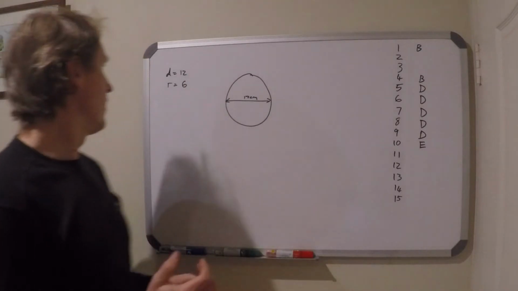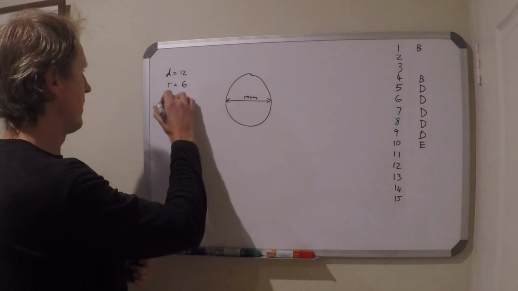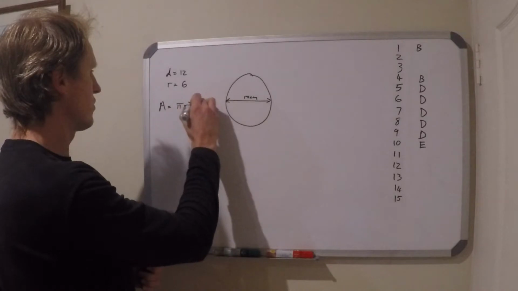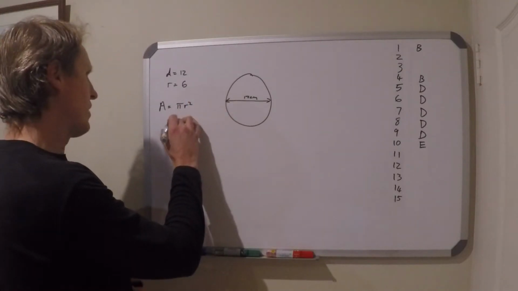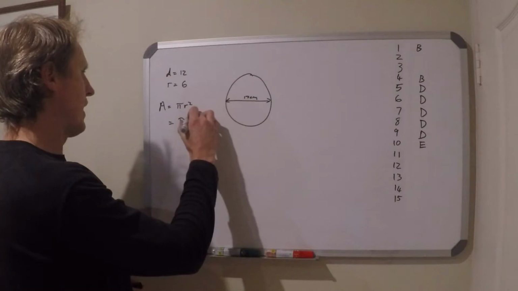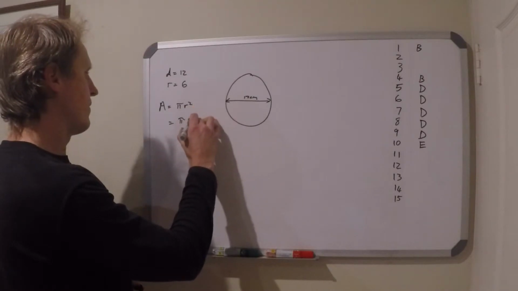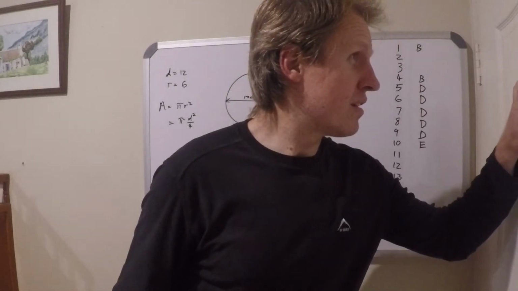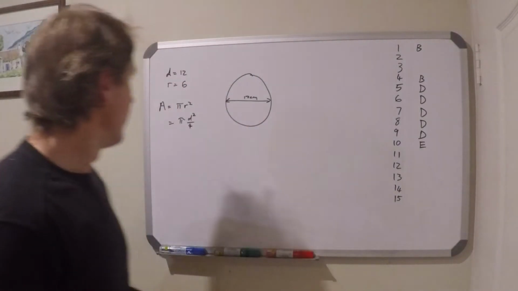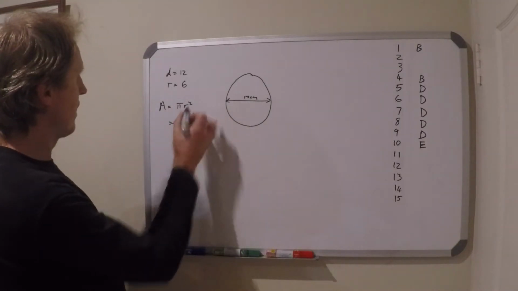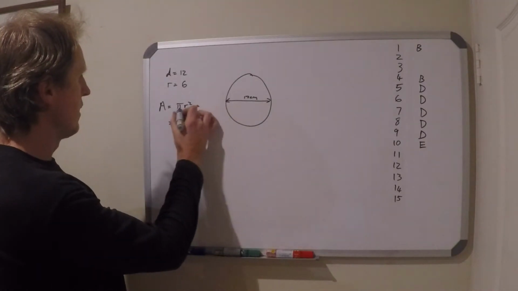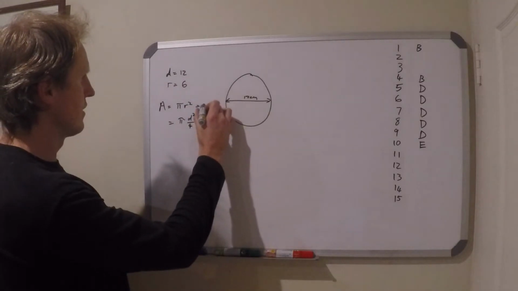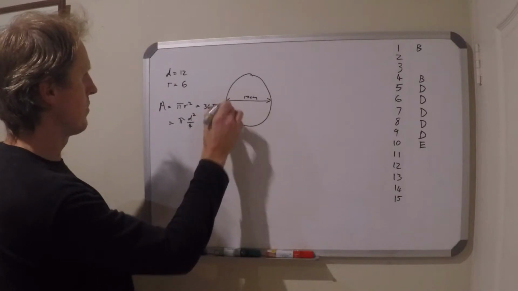And the area of a circle, you can either say that area is equal to pi r squared. It's also equal to pi d squared over 4. You can pick either of those. So if we go pi r squared, we're going to get pi times 6 squared. 6 squared is 36. So it's 36 pi.